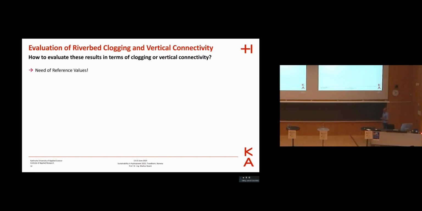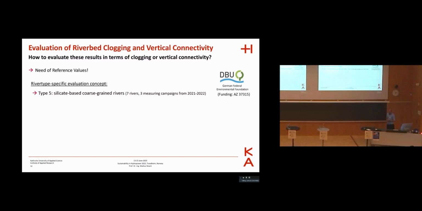Reference values that give us an idea what kind of physical values we have in a natural state, or in rivers where we do not have any human influence. And therefore, we are currently working on a research project funded by the German Federal Environmental Foundation to develop a river type specific evaluation concept.